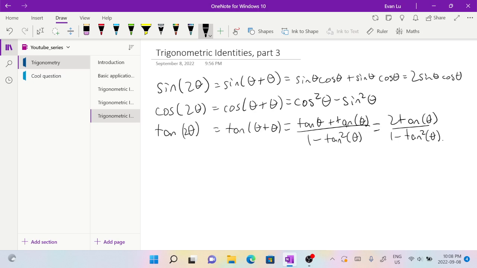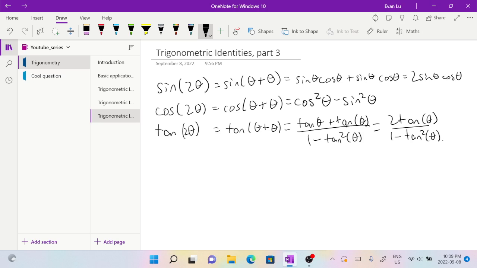All right, the last time I said there were actually 3 forms to this cos of 2 theta expression. So let's take a look at how we can actually make this into 3 forms. The only way to do it is by trying to manipulate where we have our coses and sines.